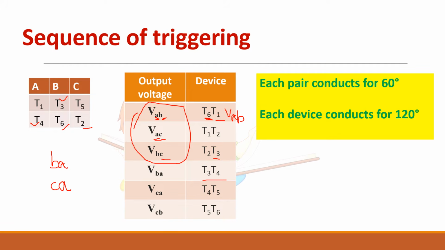So if you know this sequence, it is easy to draw the waveform. You can blindly draw the waveform even without understanding what you are drawing, but you should know how to write this. Only if you know this table, you can draw the waveform very easily for any firing angle.